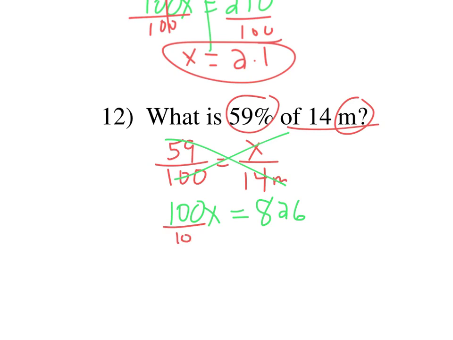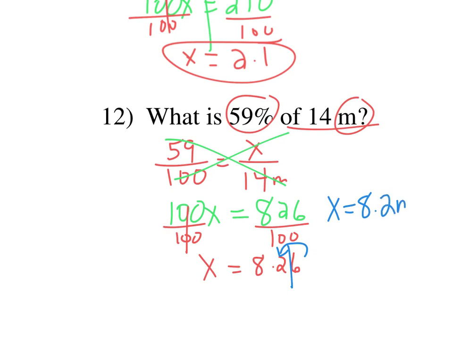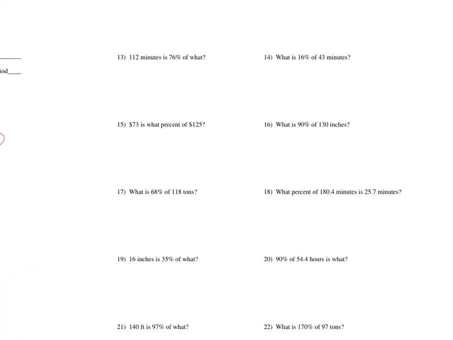Divide by 100 here, divide by 100. 8.26. Round to the tenth. The 6 rounds the 2 to a 3. So x equals 8.3 m, because I have that label right there. All right, that's the one page done.